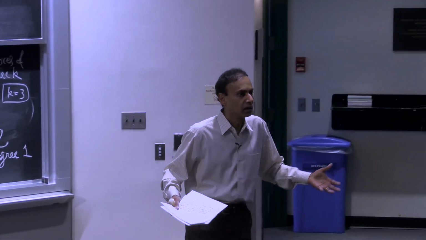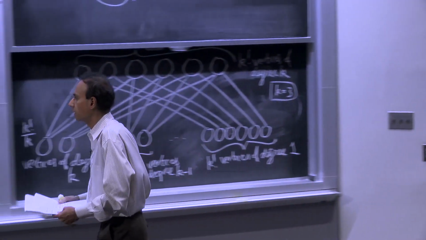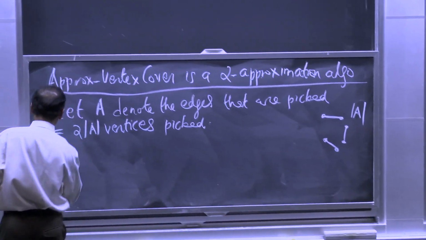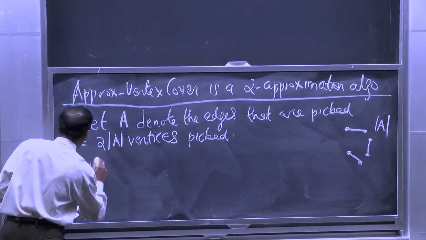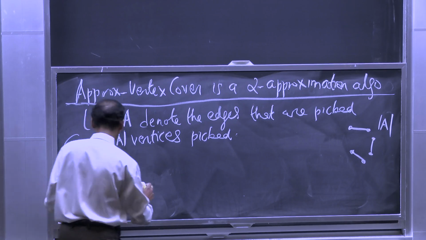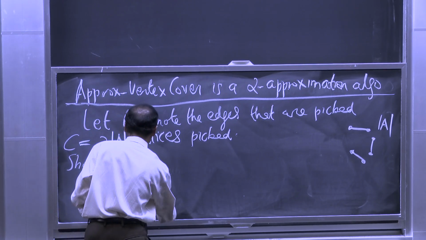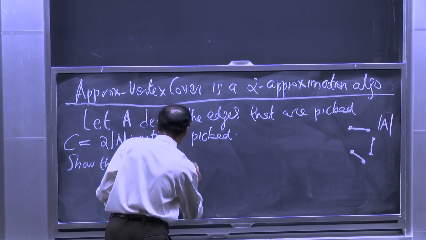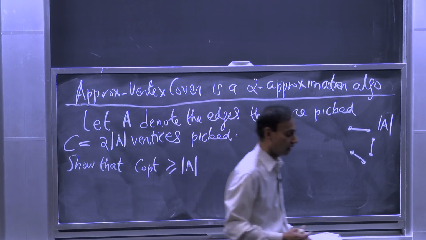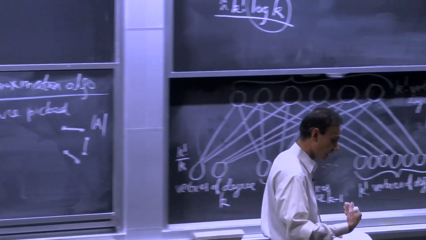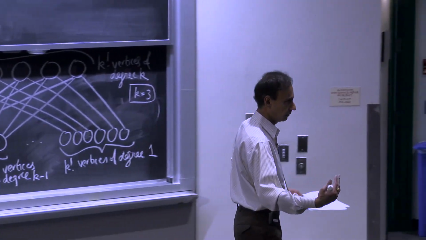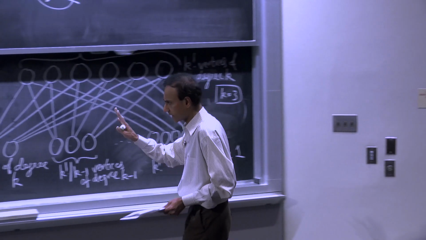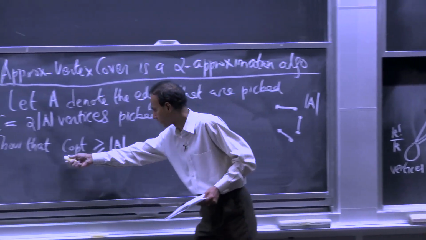So that's it. It's a simple argument that says now show that C opt is at least A. C opt, I'm minimizing, C opt should be at least A, right? I hope I said that right before, but I wrote that down here correctly.